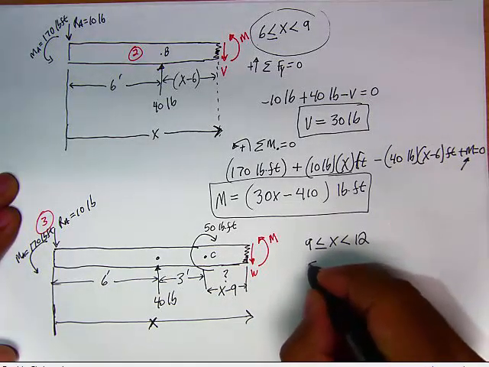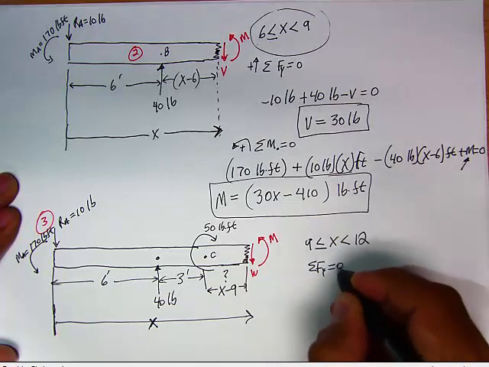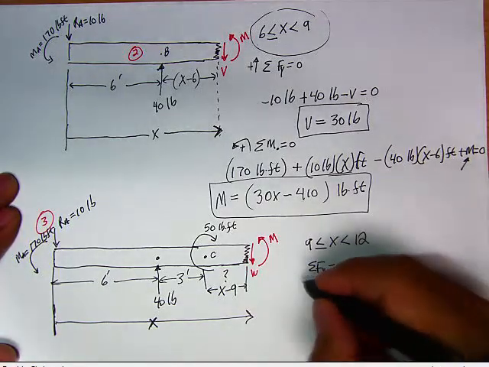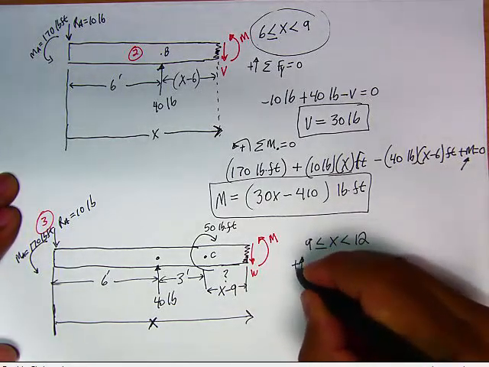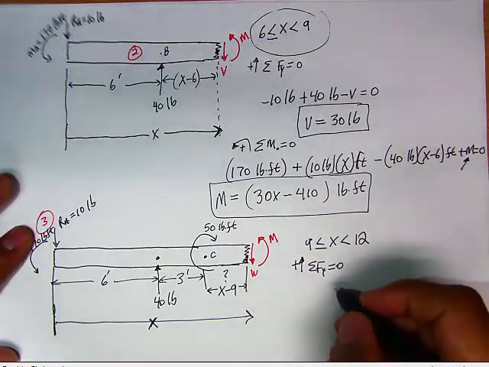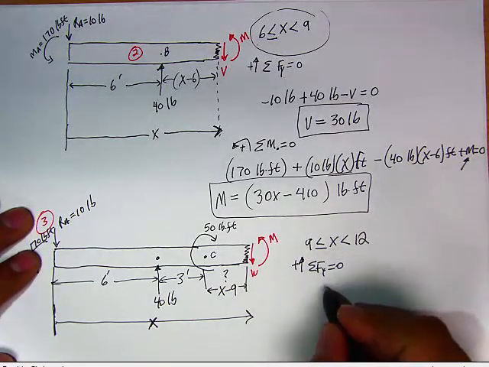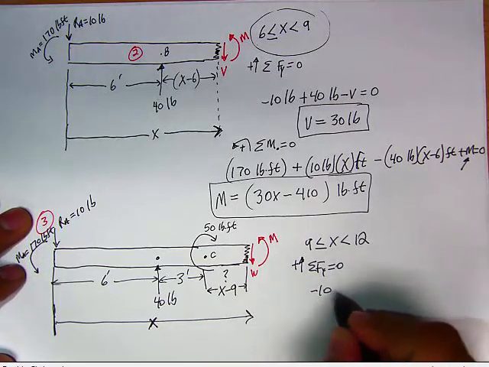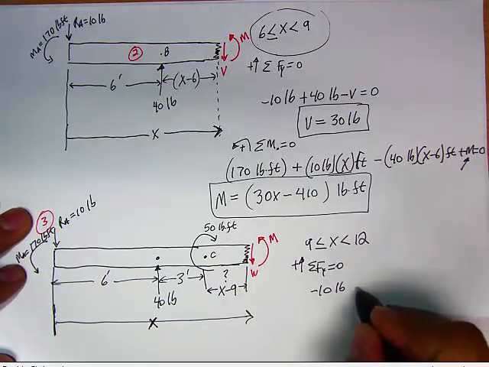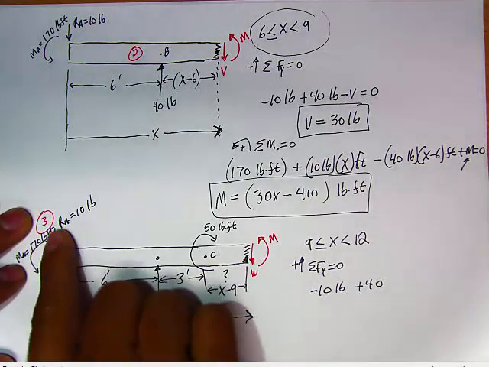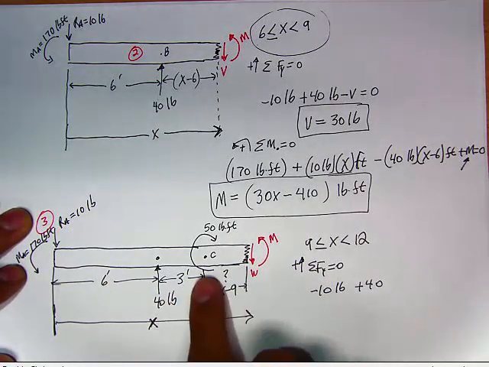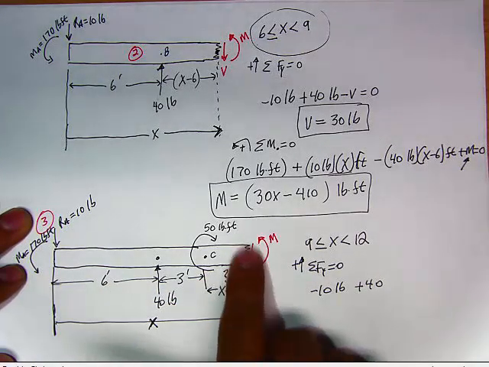And sum of the forces in the y must be equal to 0, where I consider up to be positive. All right, and we have negative 10 plus 40, and that's pretty much it.